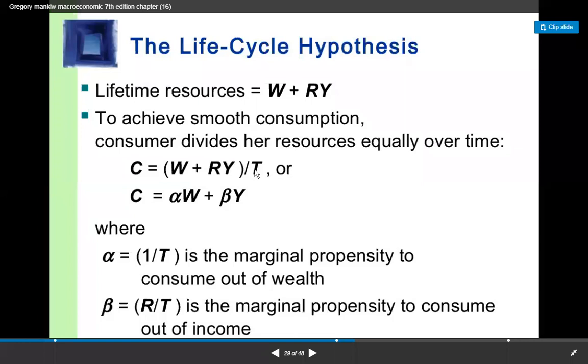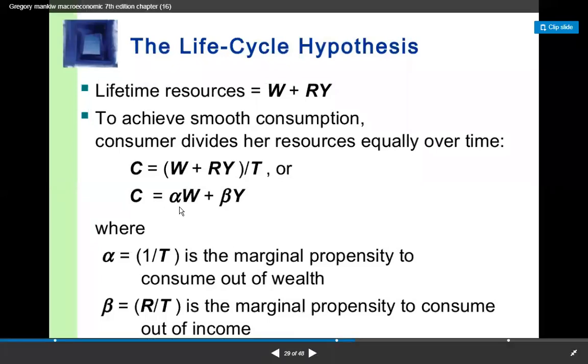Now we simplify this equation. This equation is divided by T. It means W divided by T plus RY divided by T. We simplify. W over T means 1 over T into W, and R over T into Y. 1 over T is alpha, and R over T is beta. So C equals alpha W plus beta Y. This is a simplification.